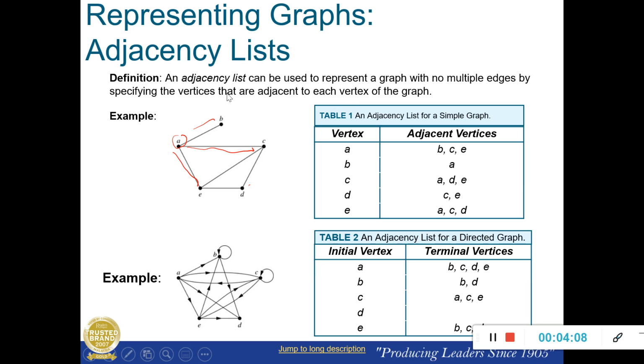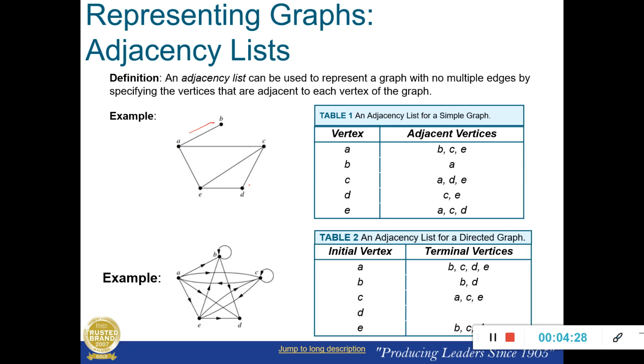So the adjacency list can be used to represent a graph with no multiple edges. These are the adjacent vertices, or the neighbor vertices. If you have the node A, what are the neighbors of vertex A?